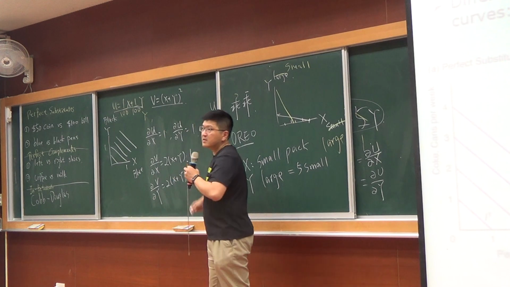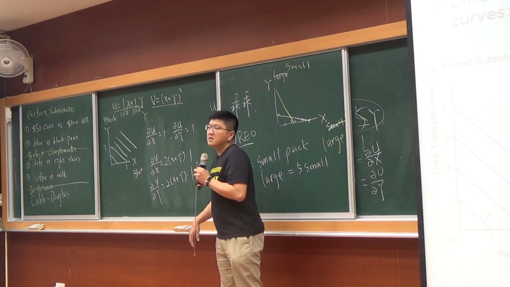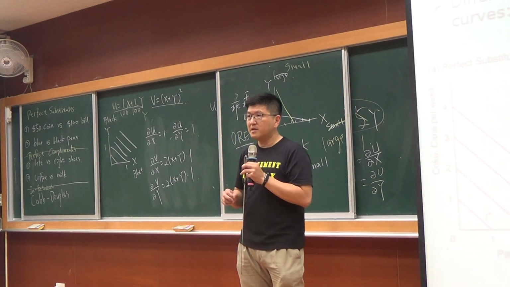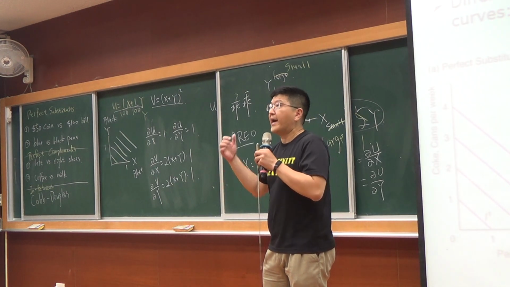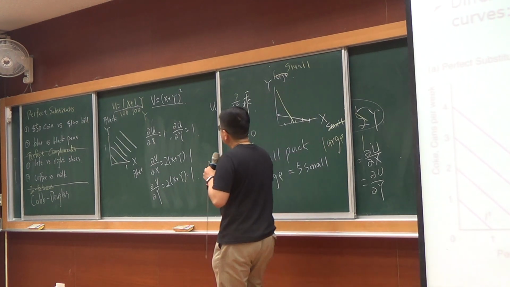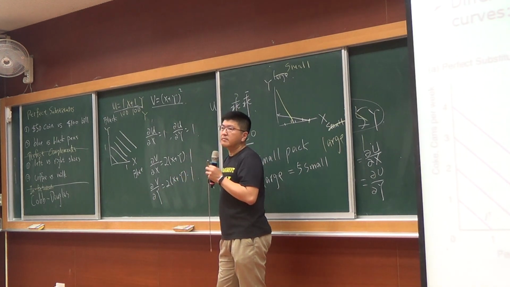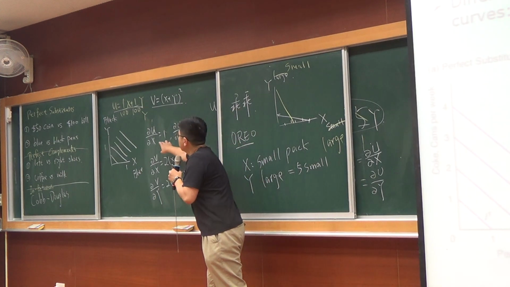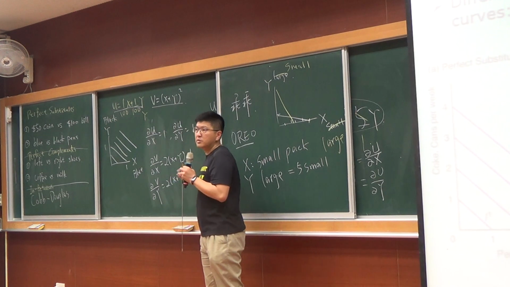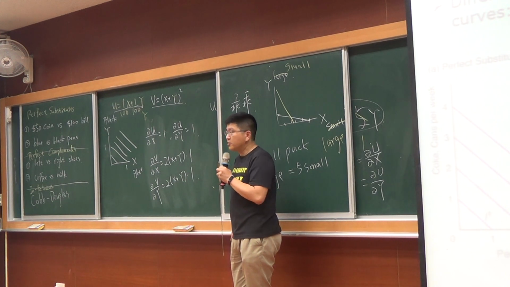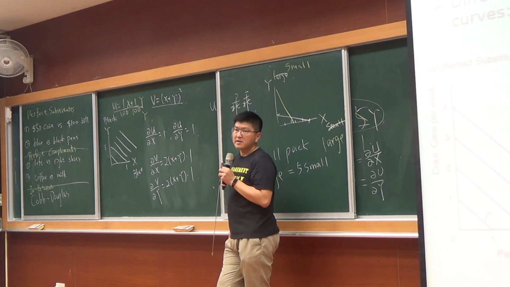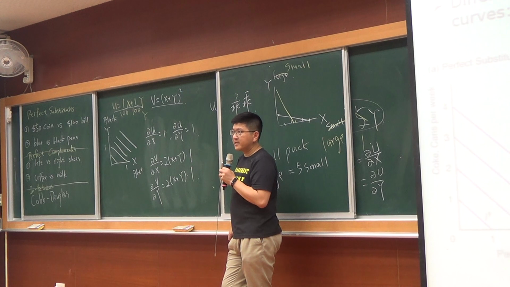They give us the same marginal utility ratio, right? We do not care about the cardinal, the absolute value of the marginal utility. We care about the ratio. The relative value of these two. Is that clear? Okay?